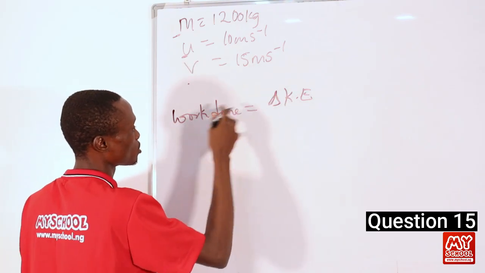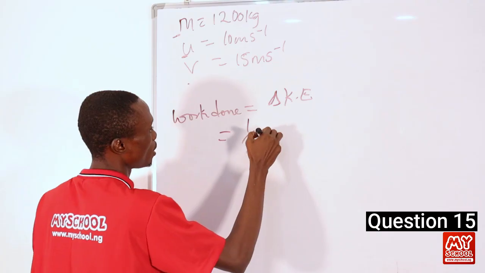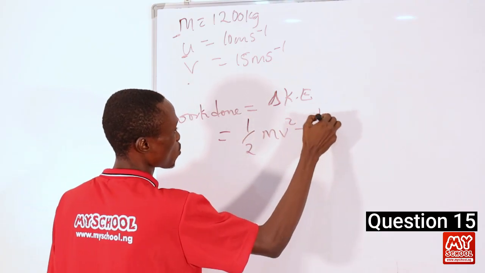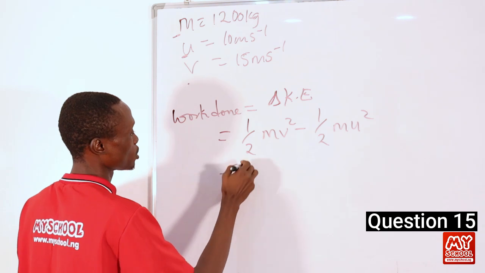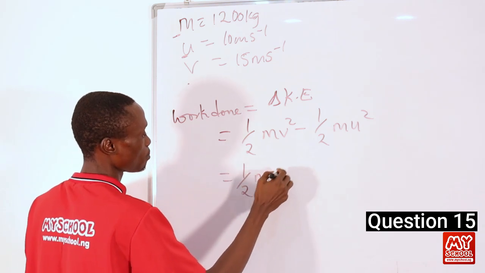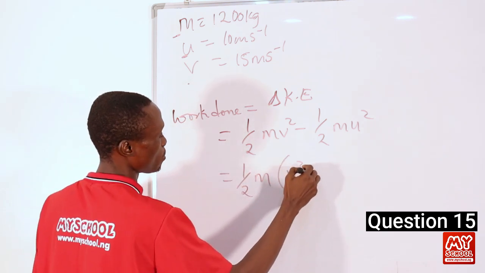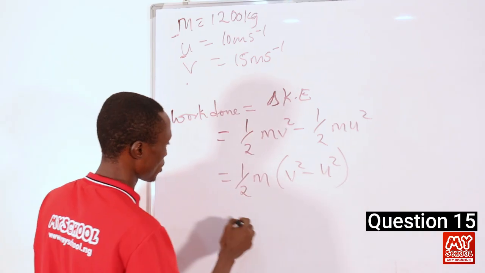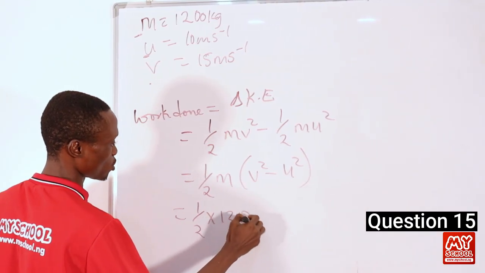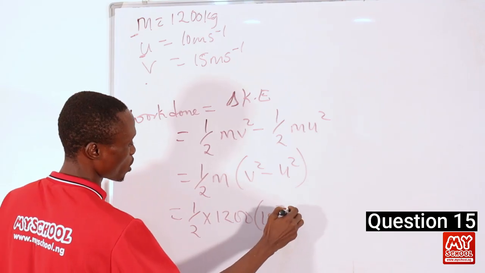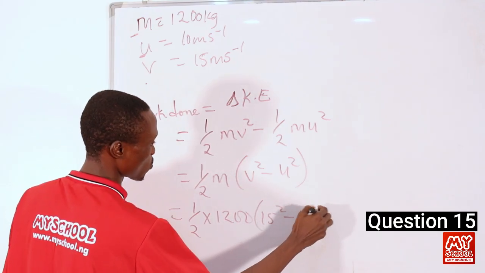So this is equal to 1 over 2 mv squared minus 1 over 2 mu squared. We bring out what is common, which is 1 over 2 m, then bracket open, v squared minus u squared. If we put in our values, we have 1 over 2 times 1200, bracket 15 squared minus 10 squared.